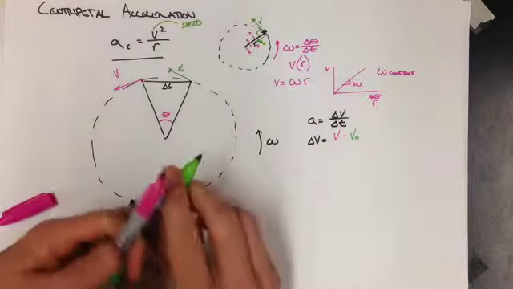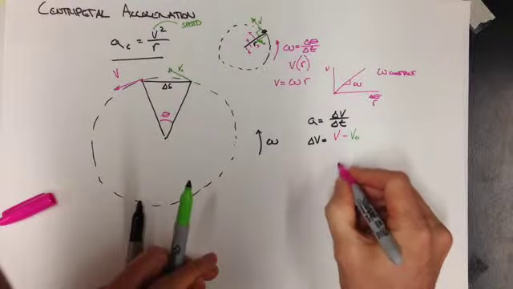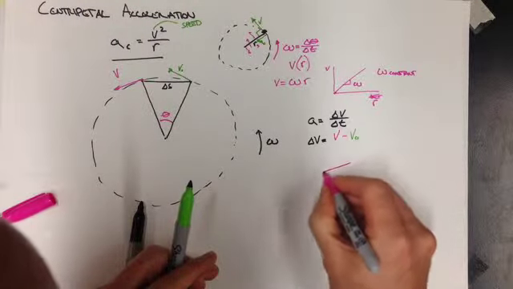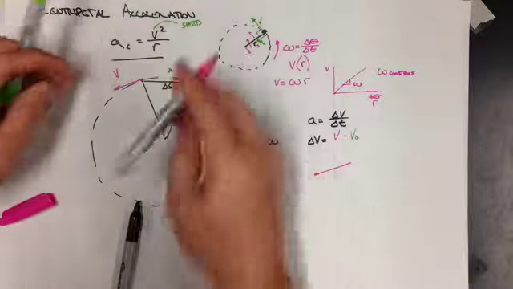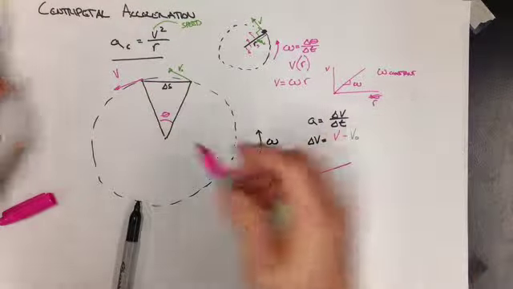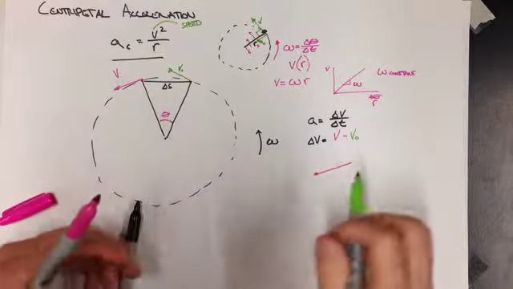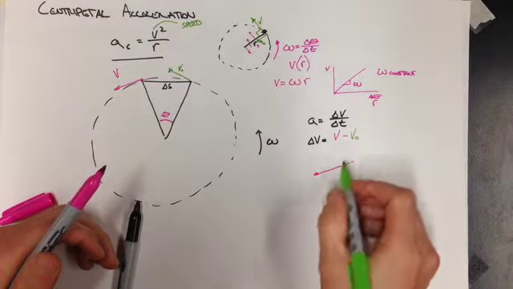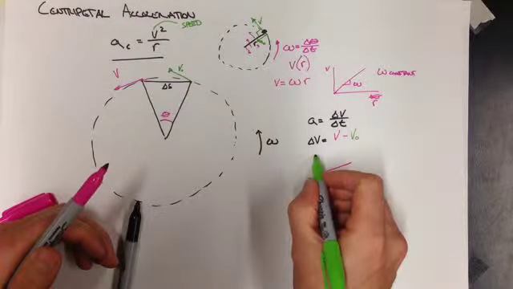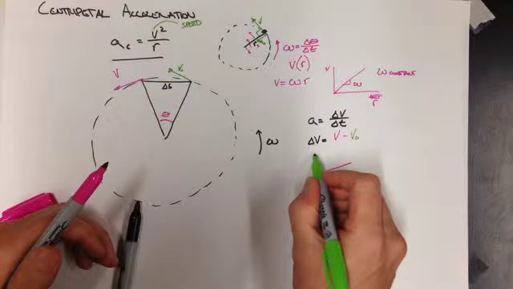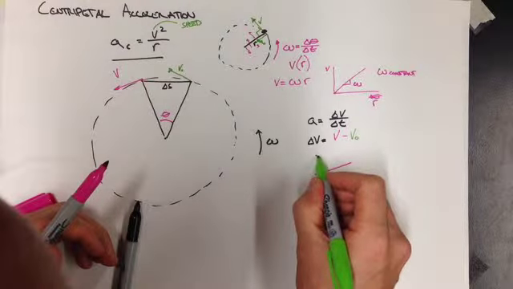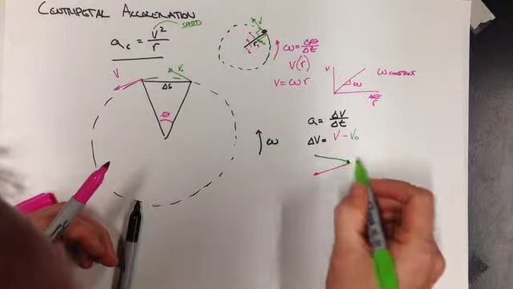My v final looks like this, with a slightly downward slope, so I'm trying to bring this directly over here. And my v initial would be this way, but it's minus v initial, so it would actually be going in the other direction.